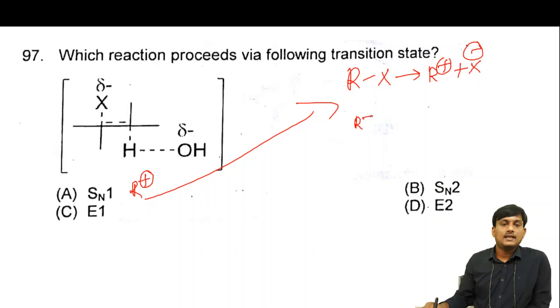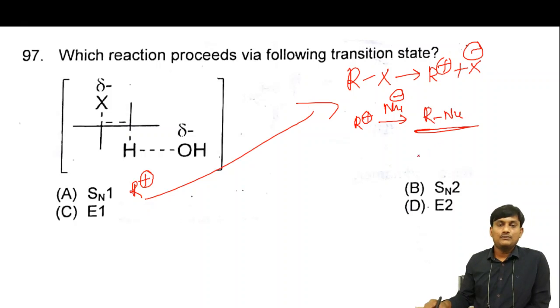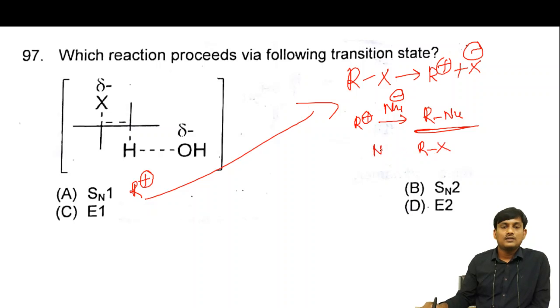In the second step, there is an attack of nucleophile and a formation of the nucleophile substituted product. In SN2, a concerted mechanism, there is a transition state between X and nucleophile.